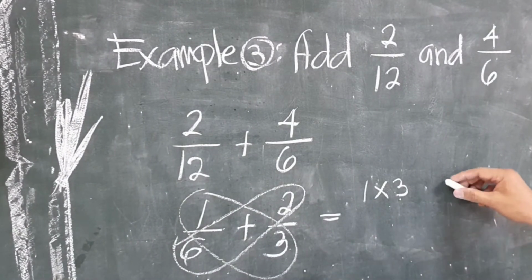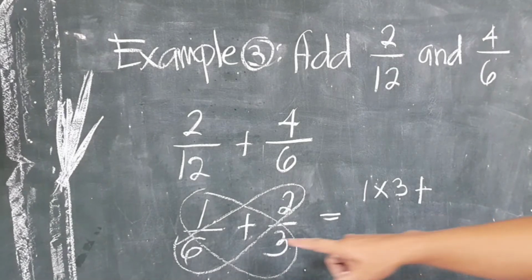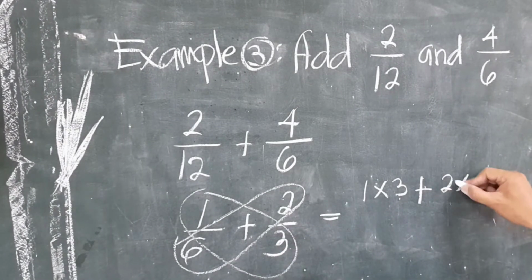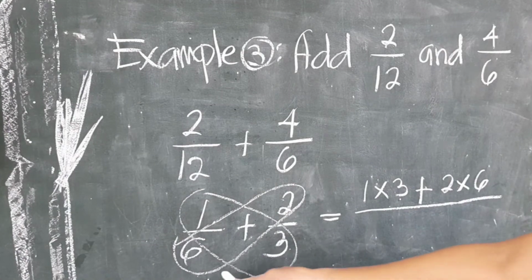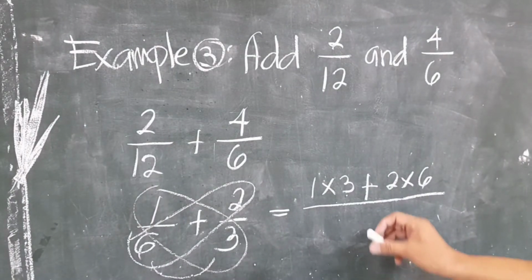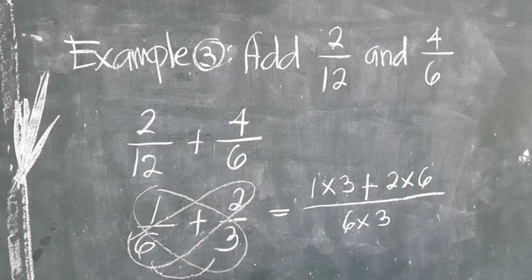We're going to use addition here as our operator. So we have 2 times 6, all over, then we're going to multiply the two denominators. We have 6 times 3.